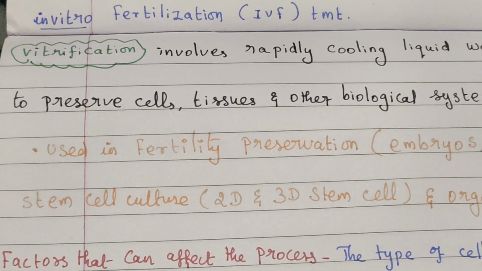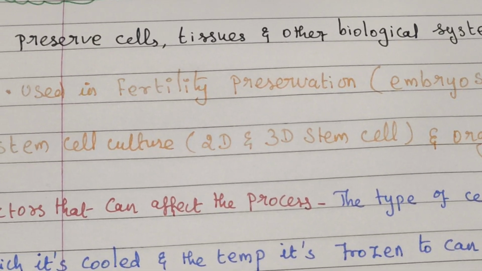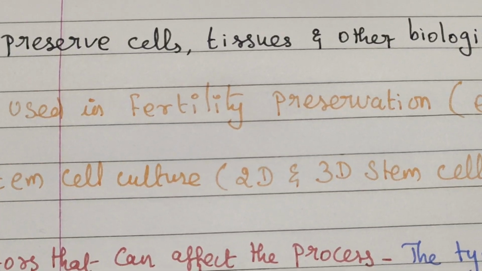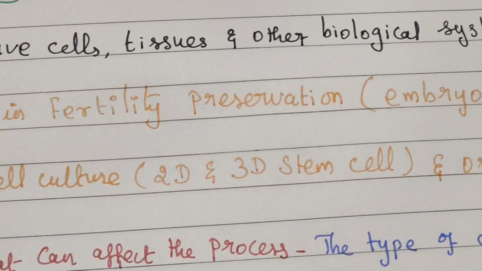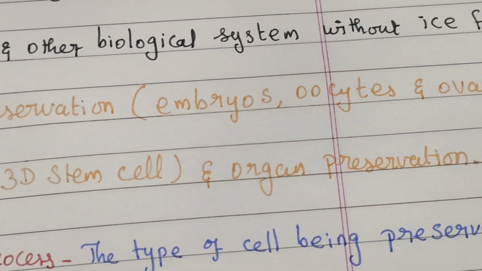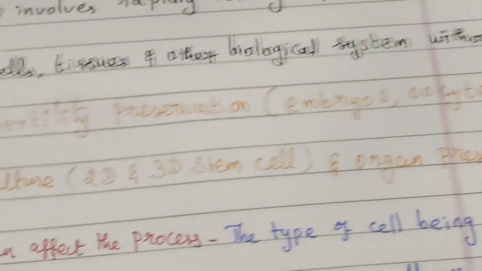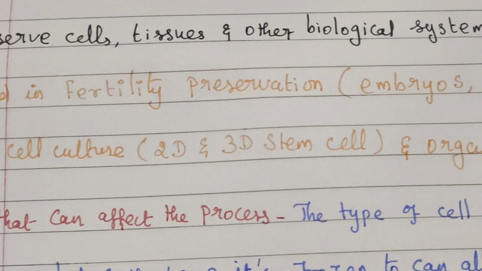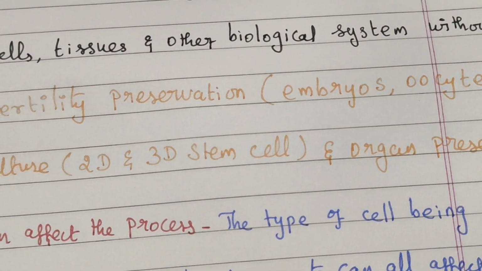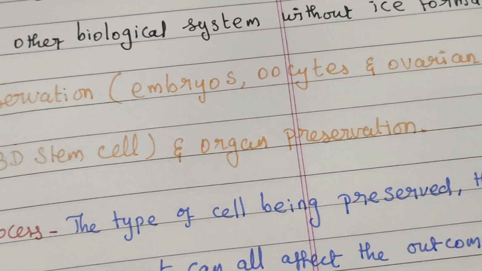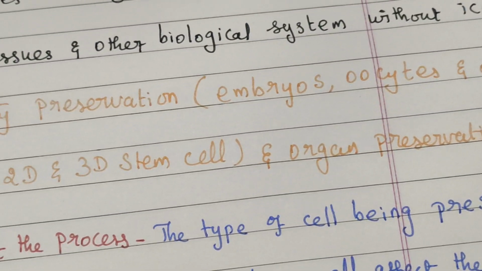This method is called the vitrification method. It is also used in fertility preservation like embryo, oocytes, ovarian tissue, and in stem cell culture, 2D and 3D cells, stem cells and organ preservation.